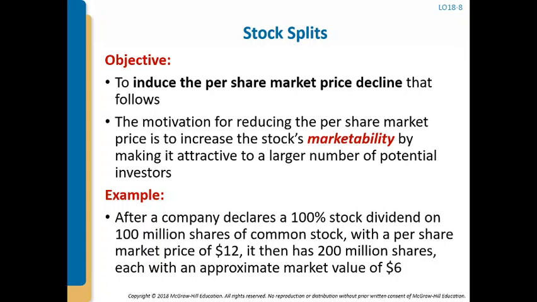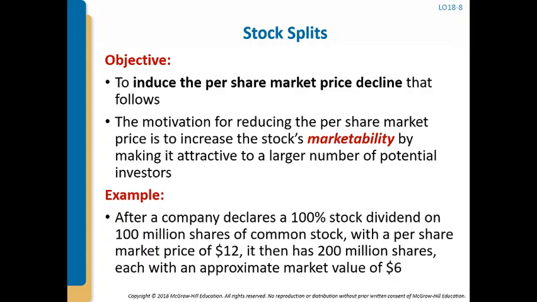And so Microsoft, some years back, when their market value of stock was somewhere over $100 per share, did a stock split so that basically they doubled the amount of shares, reducing the market value per share to half of that. And the reason why they did this is because they wanted the stock to be more marketable to average potential shareholders.